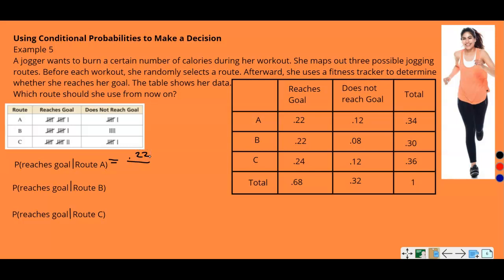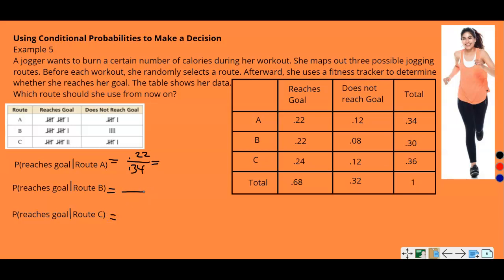And then that's going to be over the probability of route A. That's all the times that she uses route A, whether she reaches or doesn't reach her goal, which would be 0.34. Again, we can change that to 22 over 34 and reduce that, but you can also type that in your calculator and find the answer. So let's go ahead and set these up before we use the calculator, and then we'll get all the calculations at one time.